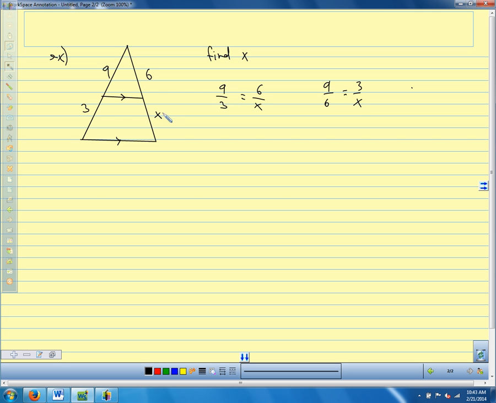These two are the easiest ones to set up. The others would take a little more work. So I cross multiply here. I get 9x equals 3 times 6 is 18. Divide by 9, and x equals 2. Nice and easy. Side splitter theorem, proportions, makes the proportions really easy to set up.